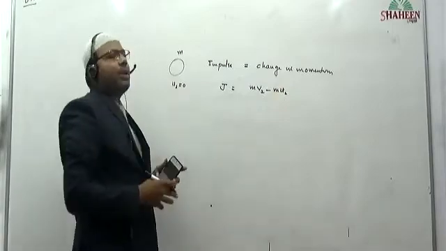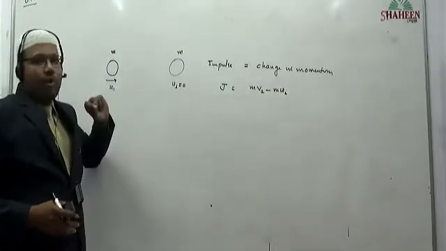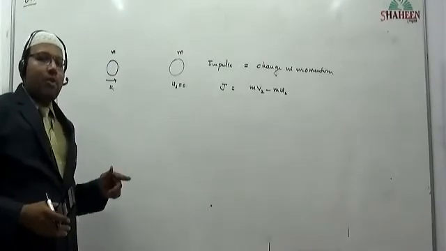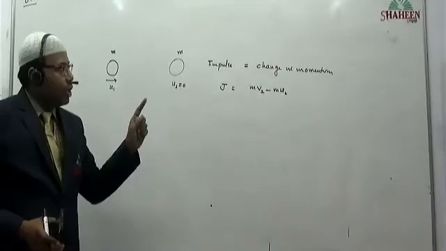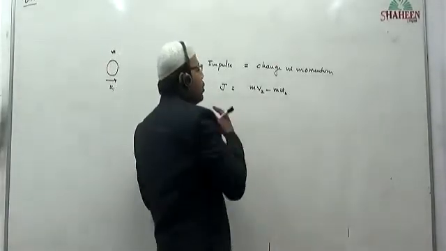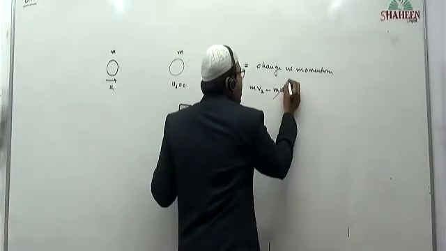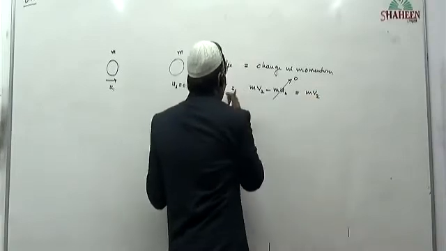Why mv2 minus mu2? Because we are talking about the change in momentum of the second body. What is the final velocity of the second body? v2. What is the initial velocity? u2. So mv2 minus mu2. But u2 is 0, right? So that part becomes 0, and therefore we can write just mv2 is J.